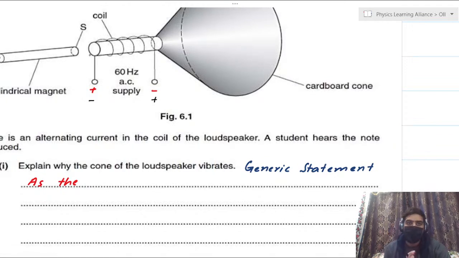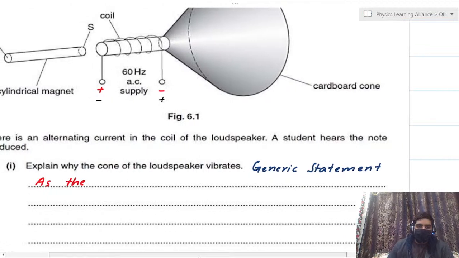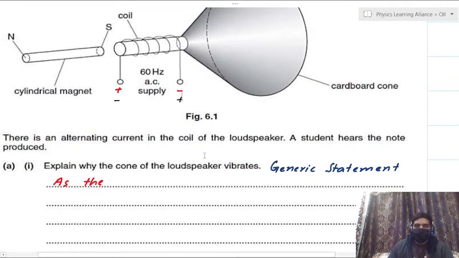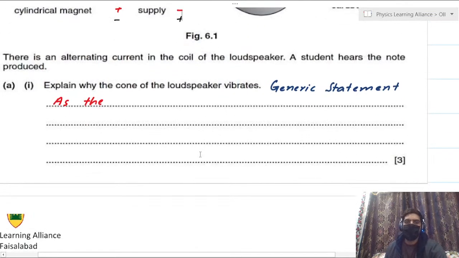Well, the direction of current determines the direction of force. If you reverse the direction of current through a coil, the direction of force acting on it would be reversed. So that is the key thing here.